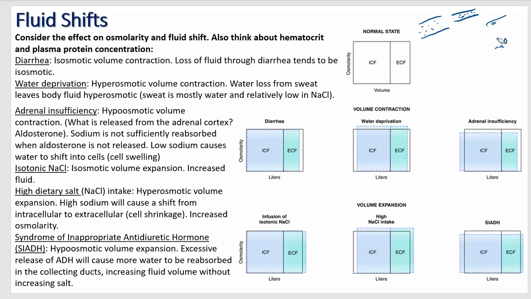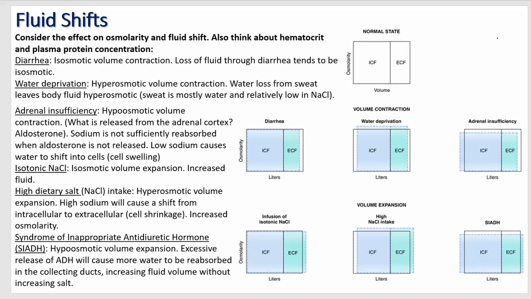We'll try to go through these quickly, but we don't want to gloss over it too much. So isoosmotic volume contraction. The idea here is with diarrhea, you lose fluid, but you also lose some salts or some particles. So your overall change in fluid is isotonic.